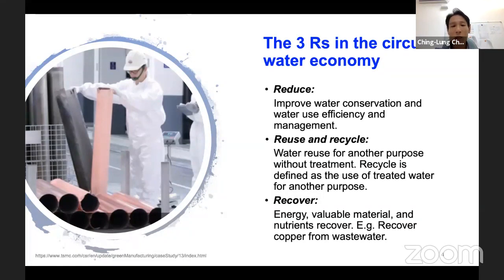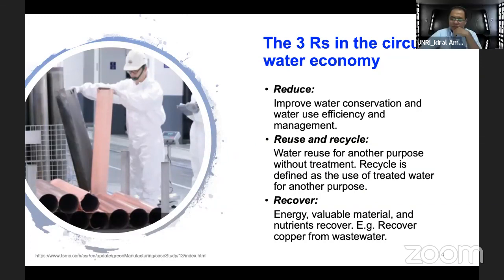For example, in Taiwan right now, there is one semiconductor company called Taiwan Semiconductor Manufacturing, we call it TSMC. It has a huge wastewater quantity, and this company is concerned about the environmental issue. So it also tries to recover some valuable material from the wastewater.